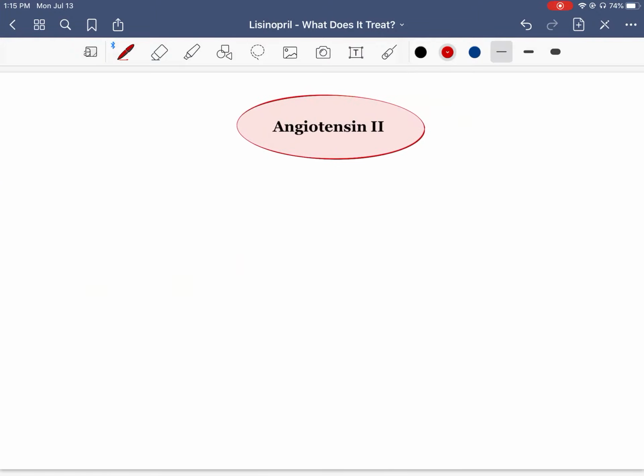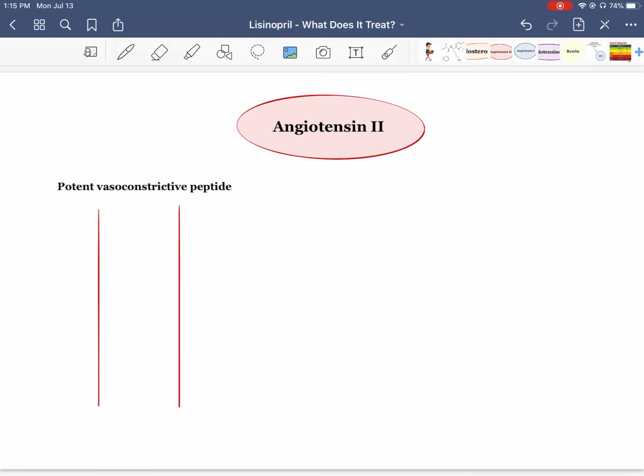Angiotensin 2 increases blood pressure by two main mechanisms. First, angiotensin 2 is a potent vasoconstrictive peptide, meaning that it causes blood vessels to narrow. How it works is that angiotensin 2 will bind to cell receptors on your muscle and tissue cells, then initiating the vasoconstriction process.